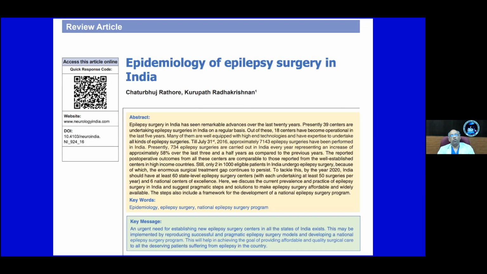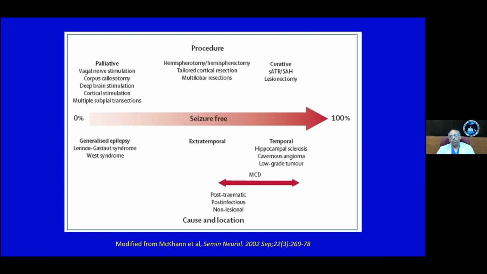Over the past 25 years, 12,000 epilepsy surgery procedures have been performed across 50 centers in India. Most of the experience is confined to this end of the spectrum, where lesion and focus can be identified easily and can be resected.